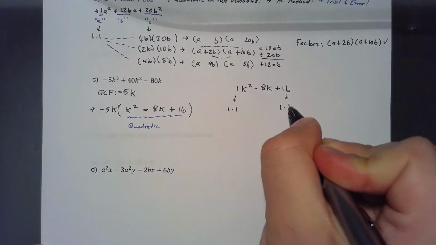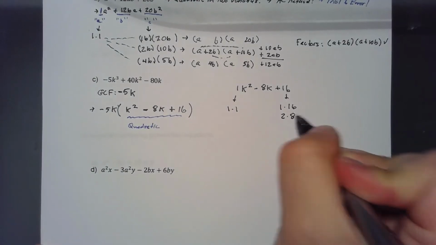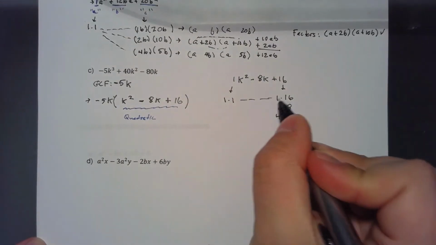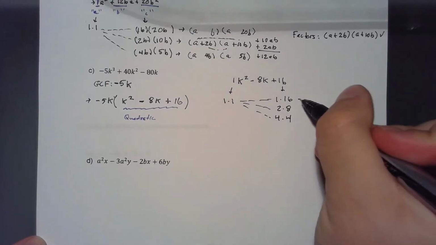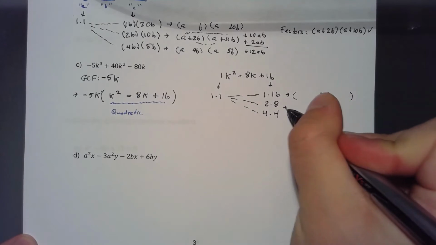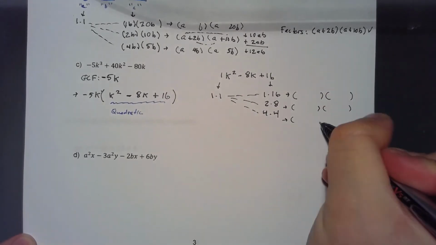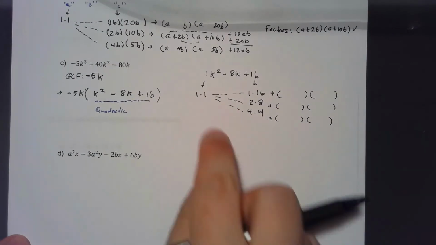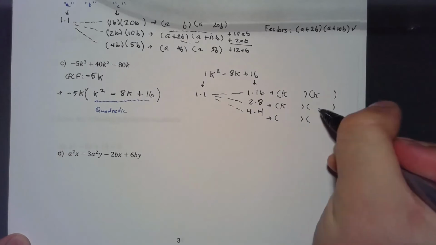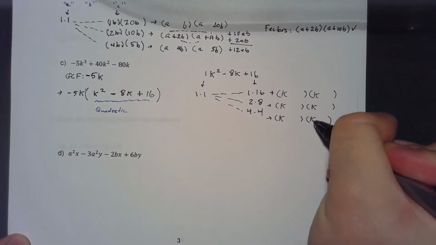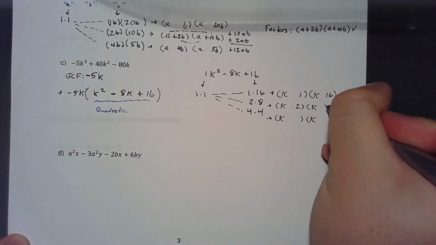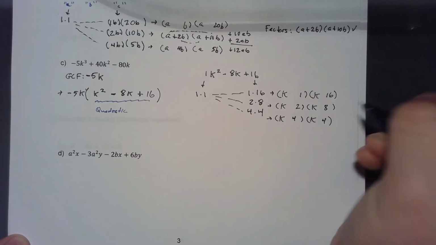Factors of 16 are 1 and 16, 2 and 8, 4 and 4. There's a pair. And since the leading coefficient is 1, I don't have to flip the C's. I just have 3 combos. So this one is going to be k and k, k and k, k and k, 1 and 16, 2 and 8, 4 and 4.